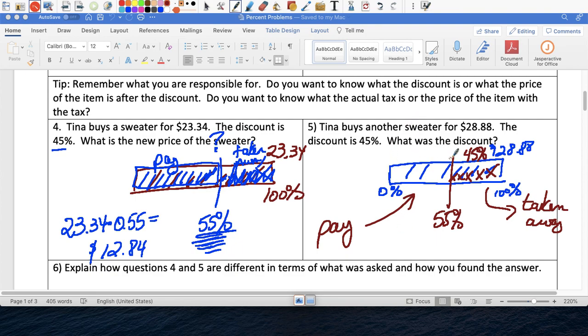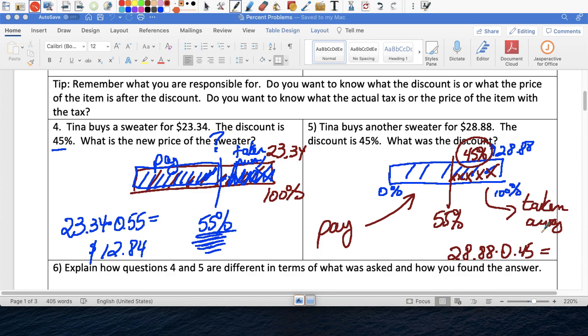But the question asked, what was the discount? So how much in terms of money was taken away? They took 45% away. How much is that out of the 28.88? Well, let's figure it out. This time, in this question, we multiply by the actual discount, 0.45, and that's going to tell us how much was taken away from us.